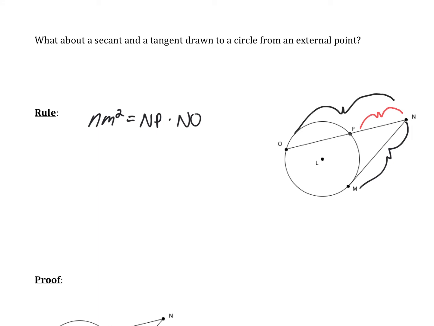So it's sort of a combination of our first two theorems. So the outside tangent line squared is equal to the outside part in red times the entire length in black, NO. Okay. Again, the proof for this is a little bit more drawn out. I don't want to make the video too long, so we're going to leave it at that.